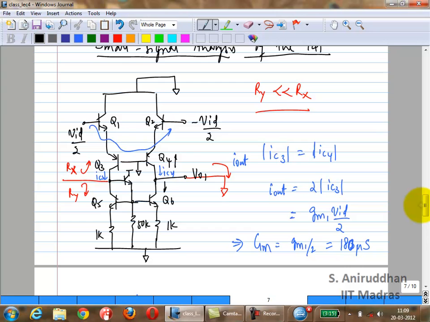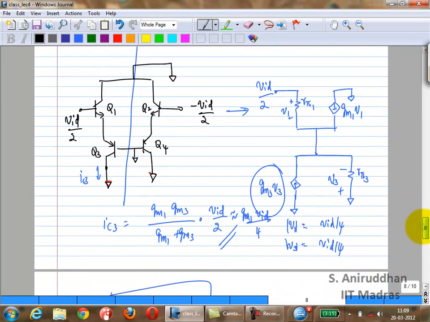It's just 2 IC3. Direction we'll need to see, but this is 2 IC3. And I think last class you did the analysis. You analyzed this very simple equivalent circuit for the transistors, and you found a number of things.